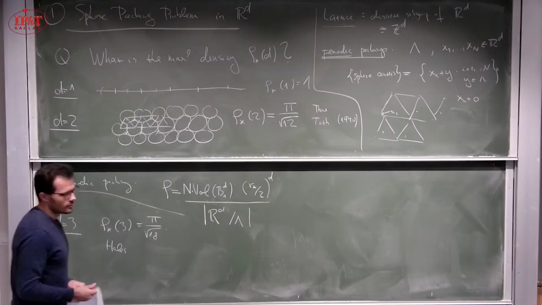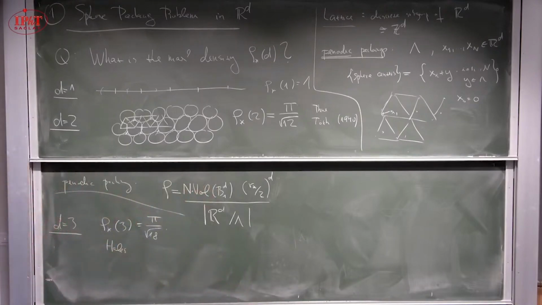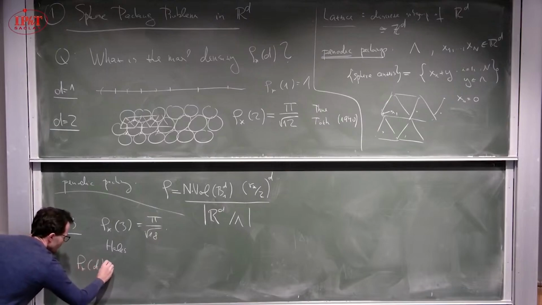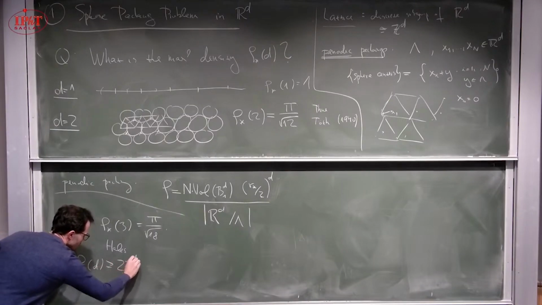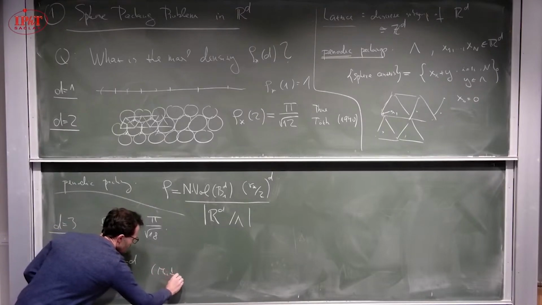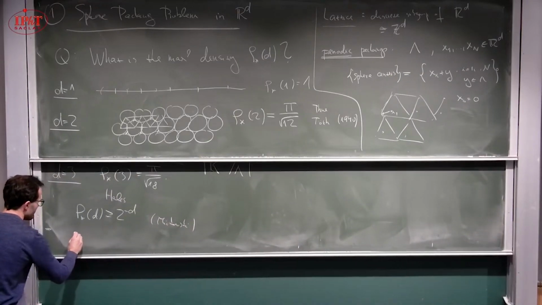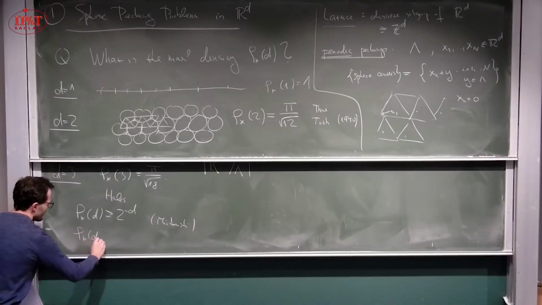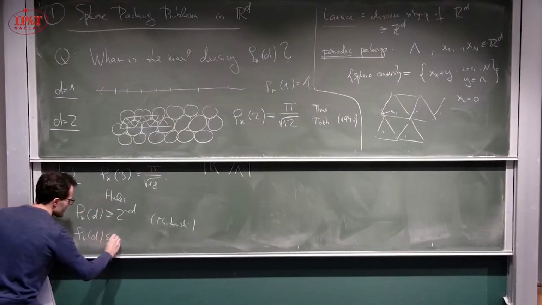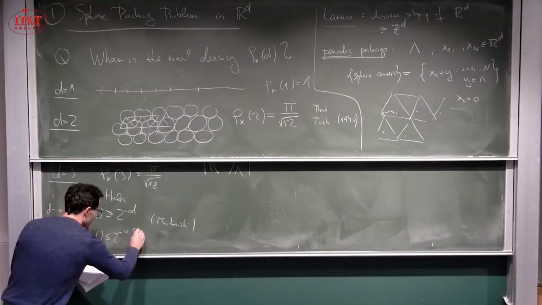Now, the story is also very interesting in very, very high dimensions, where there's a lower bound due to Minkowski, which is of the form 2 to the minus d. There are some improvements of it. Actually, this was improved slightly last year, but I'm not really going to talk about it. And then at large d there's the upper bound, which is about 2 to the minus 0.599 something.